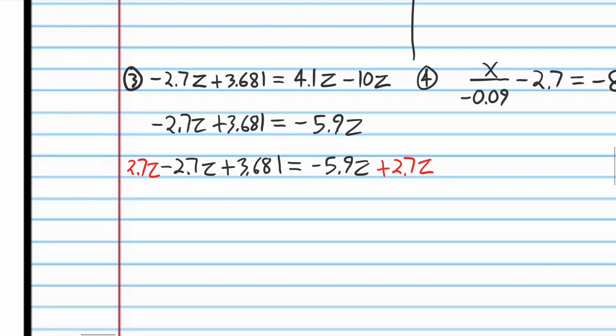All right. So these 2.7z's cancel out. That's why we did that. And negative 5.9z plus 2.7z, that would be, I think, negative 3.2z.